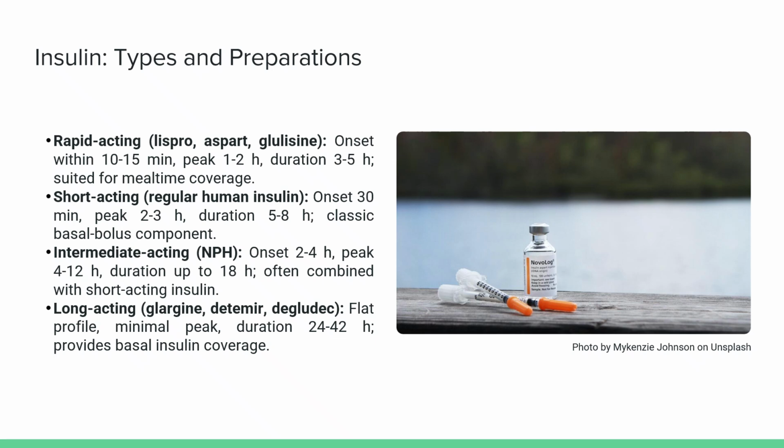So when we provide it externally, what are the different preparations included? First one is rapid acting. The important brands are Lispro, Aspart, and Glulisine, and these show an onset within 10 to 15 minutes, a peak at 1 to 2 hours, and a duration of 3 to 5 hours, suited for mealtime coverage.